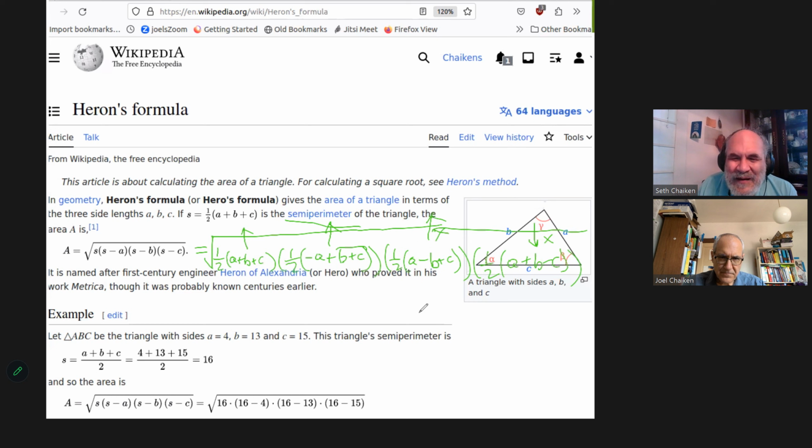So if you have A plus X times A minus X, right? A plus X and A minus X. How does that compare with A squared?